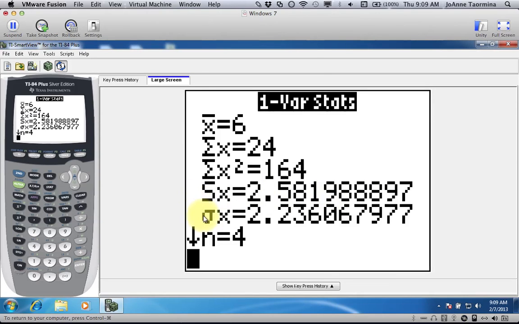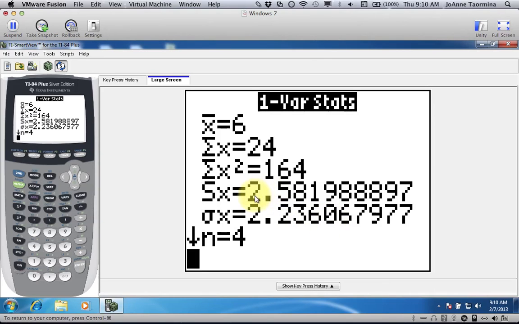The next line, sigma x, is the calculator's notation for denoting the population standard deviation. When we write this on paper, we just use sigma. But this sigma x is the calculator's way of denoting the same value, which is 2.2361.